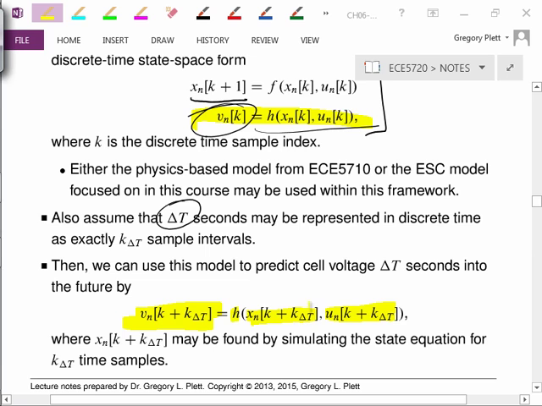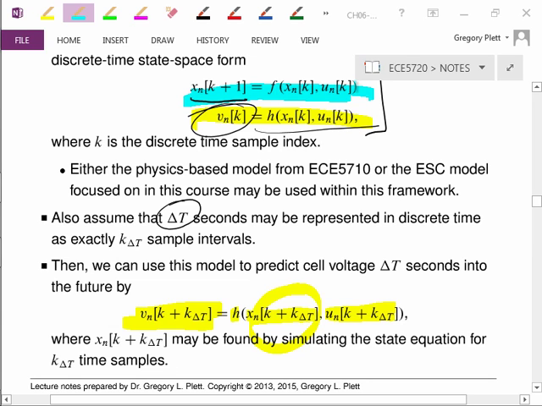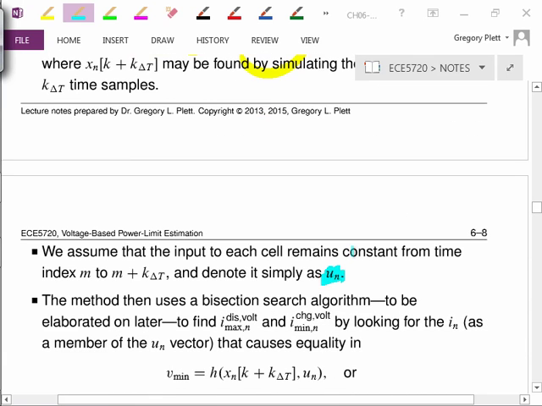I can find this by simulating the state equation for k delta t time samples with some input trajectory over that time horizon. And usually we're going to assume that the input trajectory u is constant over this delta t seconds, so we'll just denote it as u_n, the input to the model for cell number n.